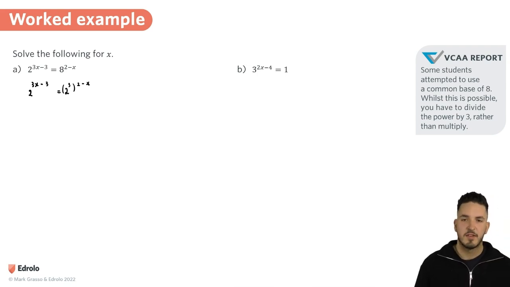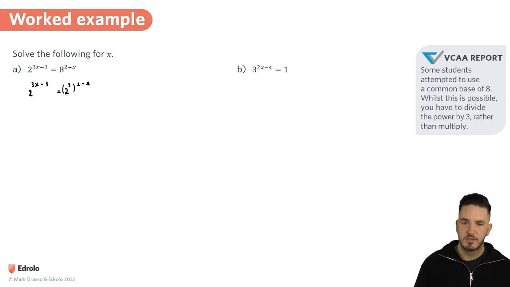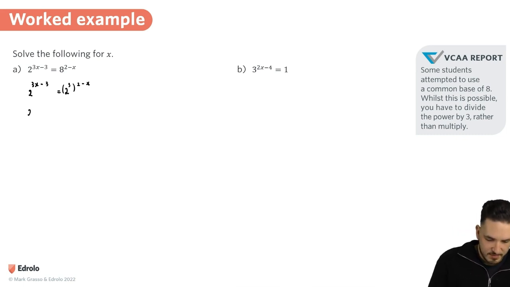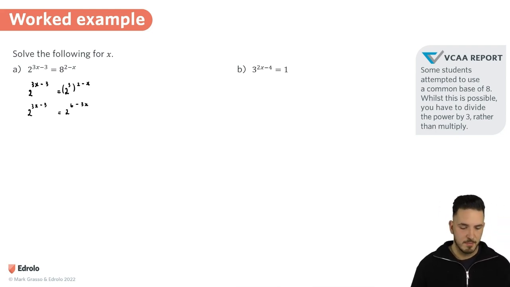It's really important that you have the brackets there, because we have to multiply 3 by 2 minus x. The left-hand side stays the same, and on the right, 3 times 2 is 6, and 3 times negative x is negative 3x. Now we have everything in terms of the same base.